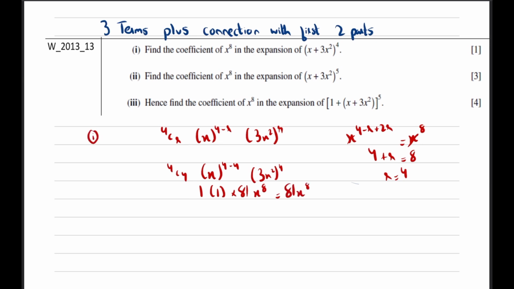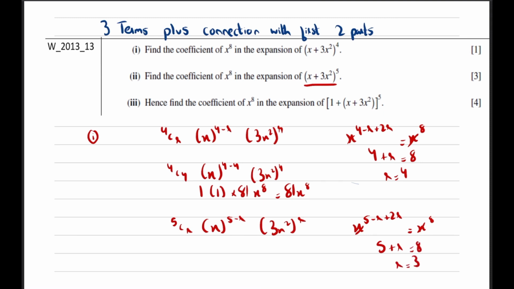In part 2, children, I need to find the coefficient of x power 8 in this one. So 5Cr x^(5-r) (3x^2)^r. Now what's required of you? Coefficient of x power 8. So 5 minus r plus 2r is equal to 8, what is required. x cancels out. 5 plus r is equal to 8.